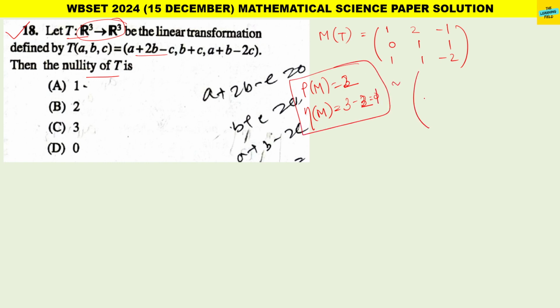So now we first find the rank of this matrix. 1 2 minus 1, 0 1 1, and if we apply the operation R3 prime equal to R3 minus R1, this is 0, minus 1 and minus 1.